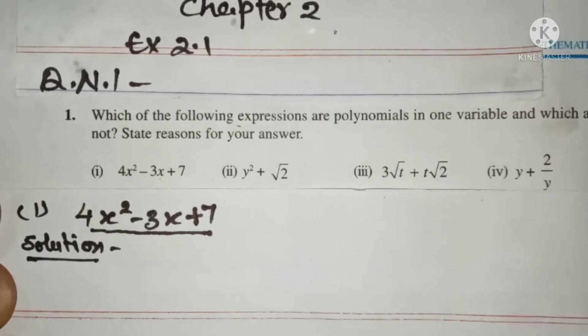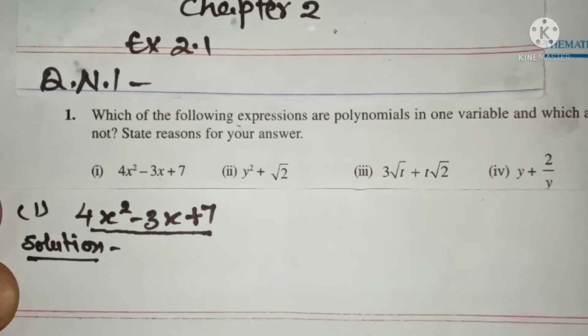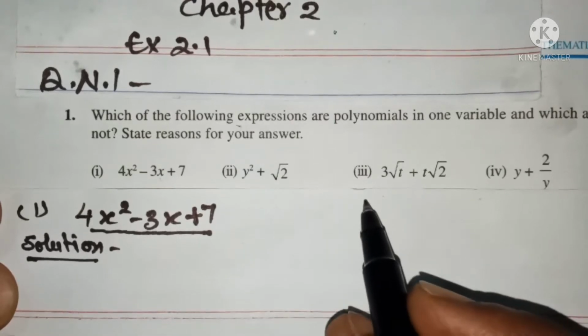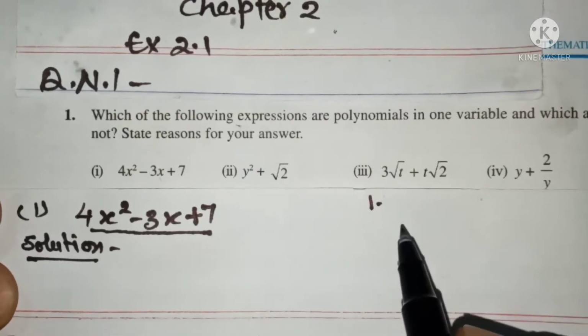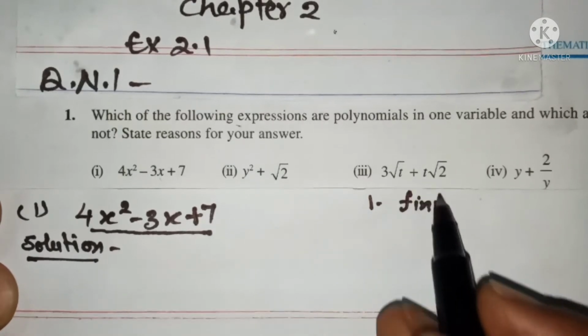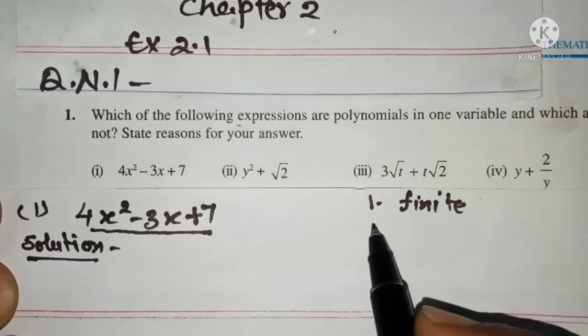These characteristics make an expression, or we can say an algebraic expression, a polynomial. Let us see which are those characteristics. Number one, the number of terms should be finite.